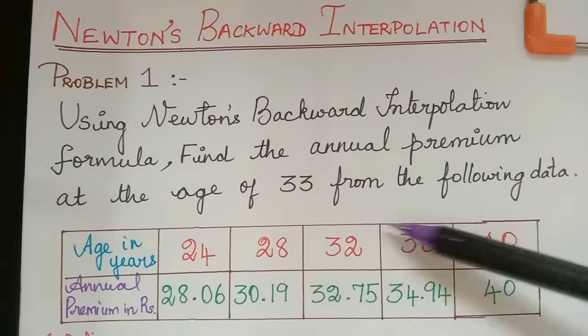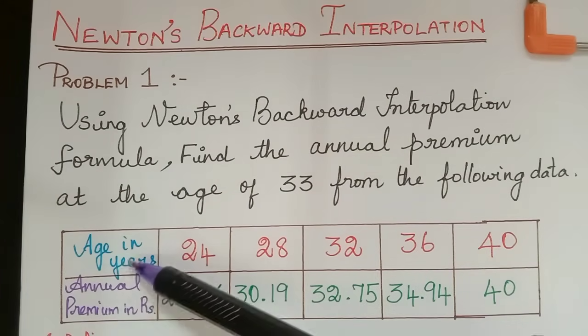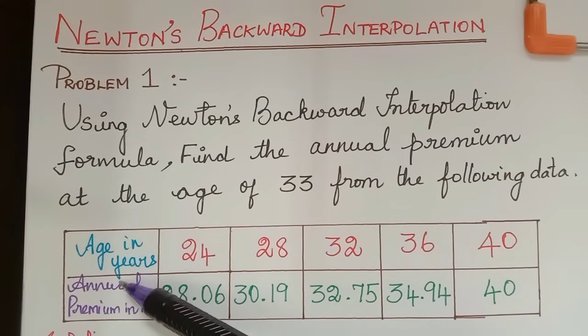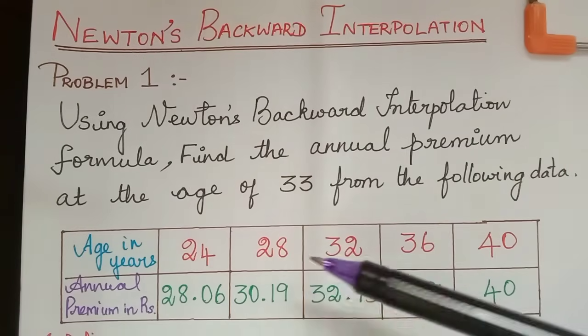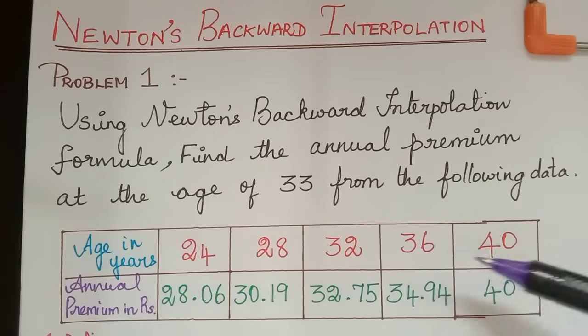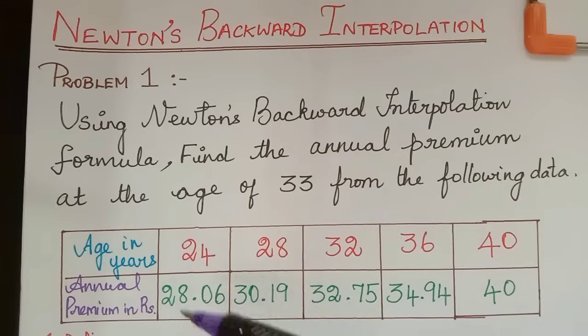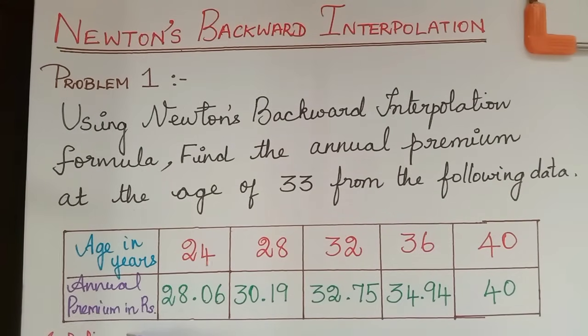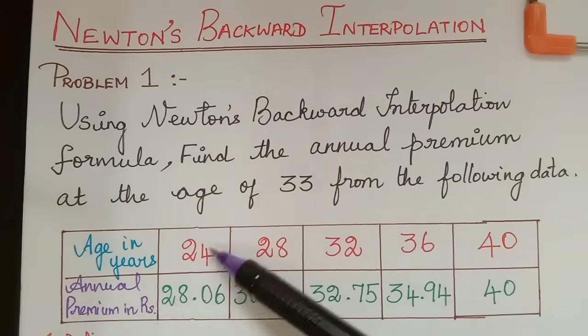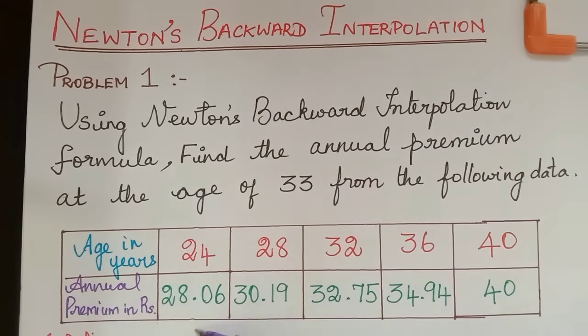So they have given a data here. The data given here is age in years: 24 years, 28 years, 32 years, 36 years and 40 years. And the corresponding data given is the annual premium in rupees. So at the age of 24, the annual premium is 28.06.